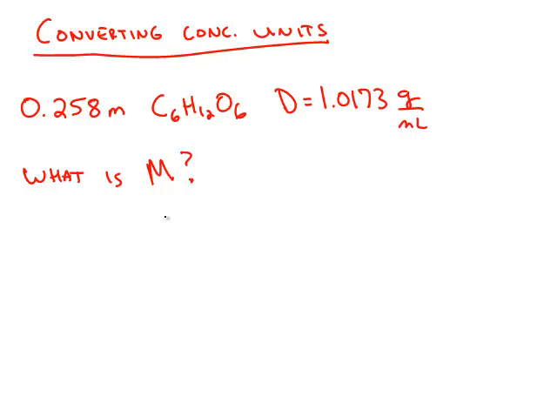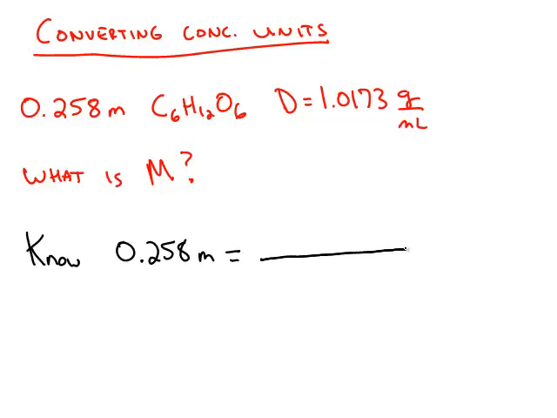All of these problems, you want to start with a certain amount of solution to analyze. And the way you do that is you write out the fraction that you know. In this case, we know it's a 0.258 mol solution.